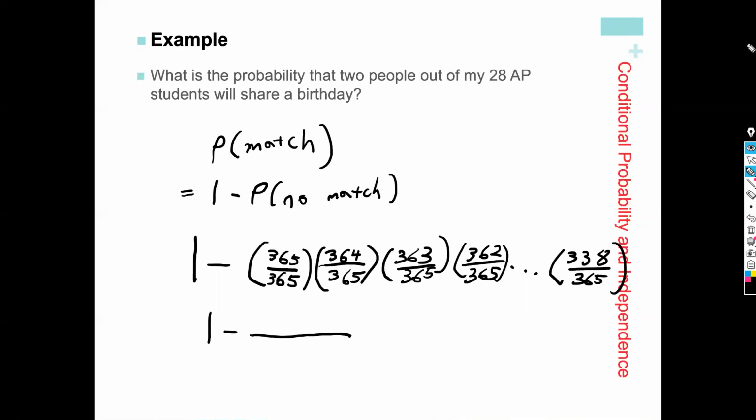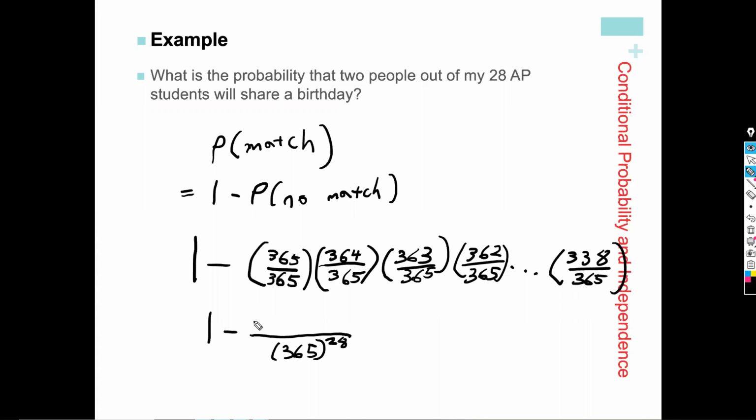So that means that I can just get that denominator where we have 365, and then the exponent that I can put there, well, there are 28 of these people.